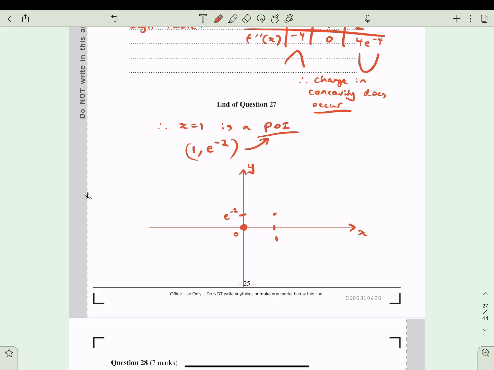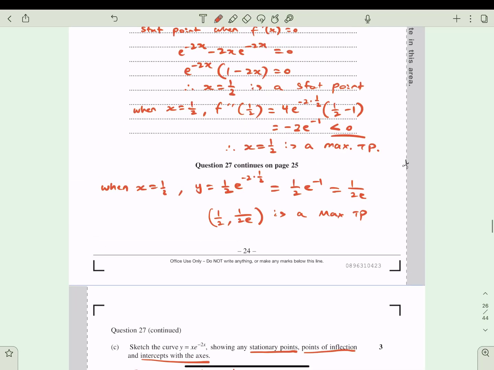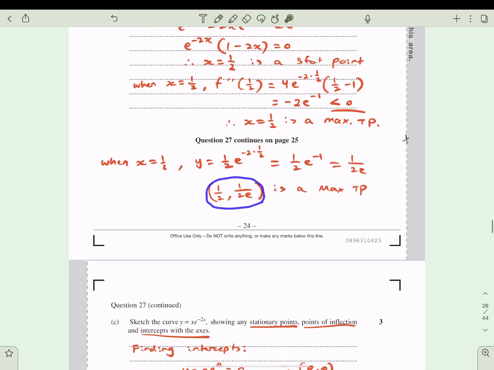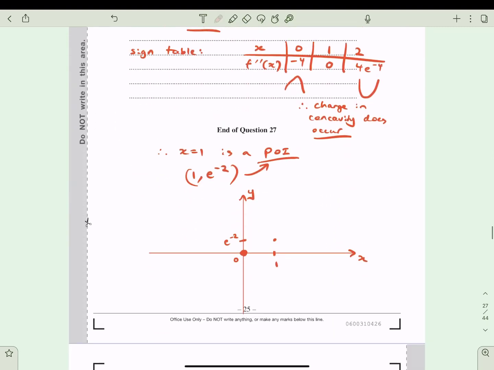On top of that, we also figured out in part B that this point here is a maximum turning point, so let's put that in as well: a half and also 1 over 2e, so that's going to be above, around here. Obviously this graph is not to scale. These are the 3 main points.